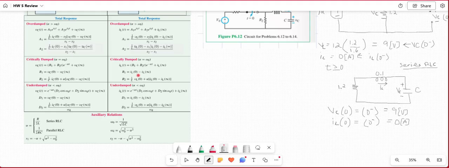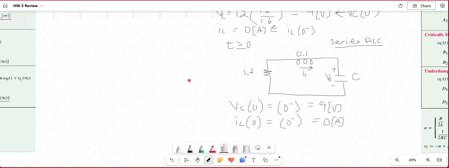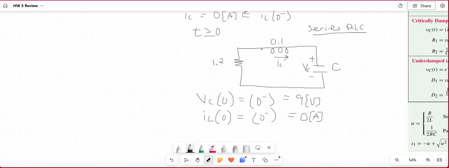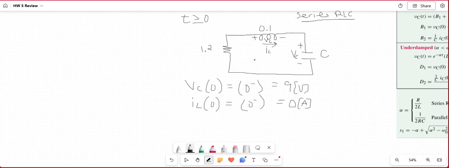We need VL, the voltage across the inductor, at 0. There's a drop across inductors and capacitors, so plus and minus, right? We need to find that, and the way we can find VL is by doing a KVL through the circuit.